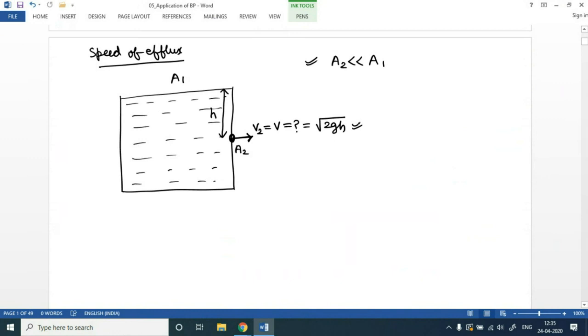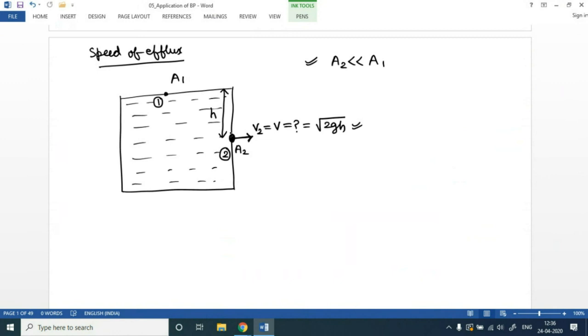In order to apply Bernoulli's principle over here, we need to choose 2 points. Let's say one point we choose over here, and another point of liquid we choose over here. We will be applying Bernoulli's principle between these 2 points, 1 and 2, located inside this homogeneous liquid.